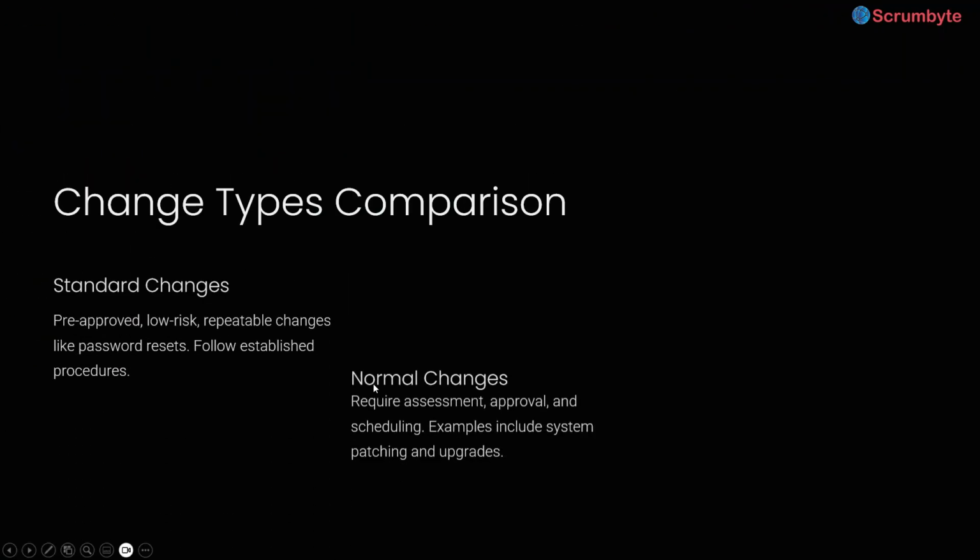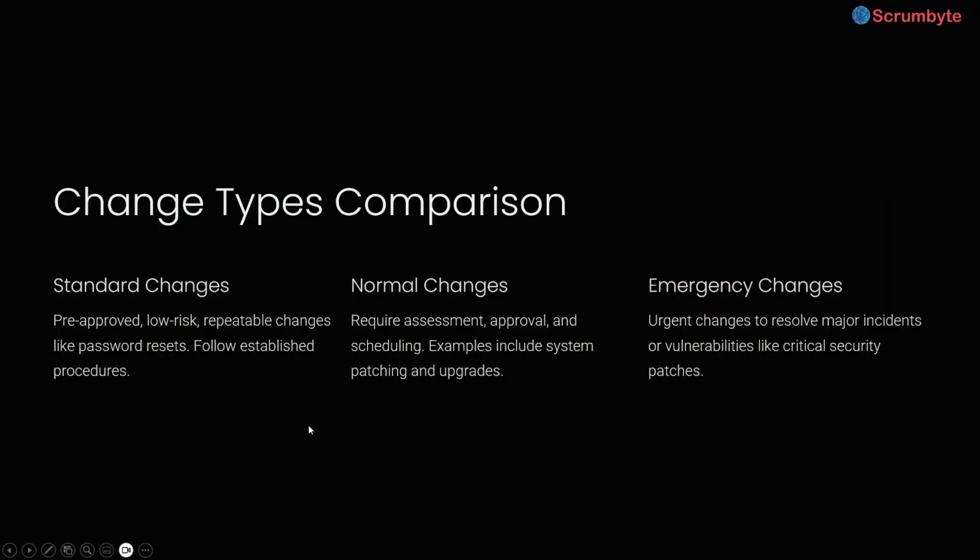So like we talked about, these are the three types of changes. You have the standard change, they are pre-approved, low risk, repeatable changes like password resets. They follow some kind of established procedures. Normal changes require assessment, approval, scheduling, so some patching, updates, etc. Those kind of things are all different types of normal changes.